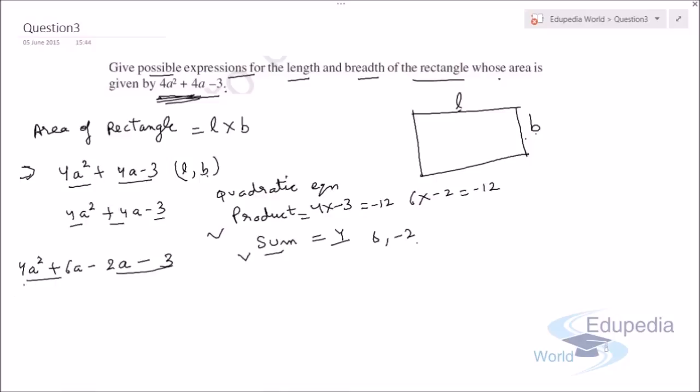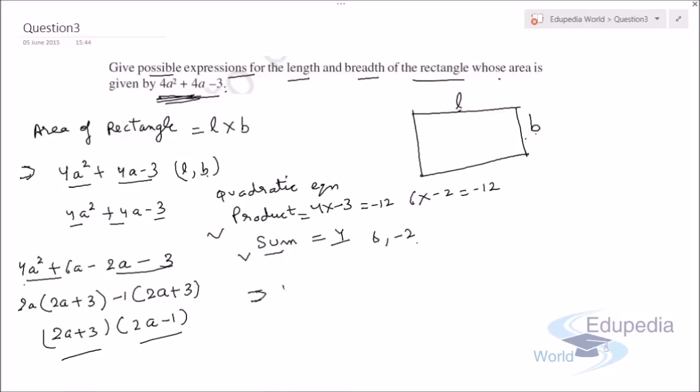In the first pair we can take 2a as common, so the answer will be 2a plus 3. In the next pair we can take minus 1 as common, and the answer will be 2a plus 3. Then we can take 2a plus 3 as common, and what we get is 2a plus 3 into 2a minus 1.